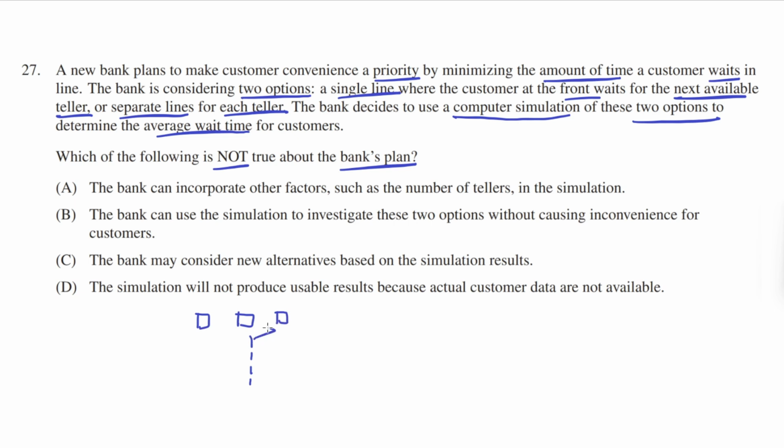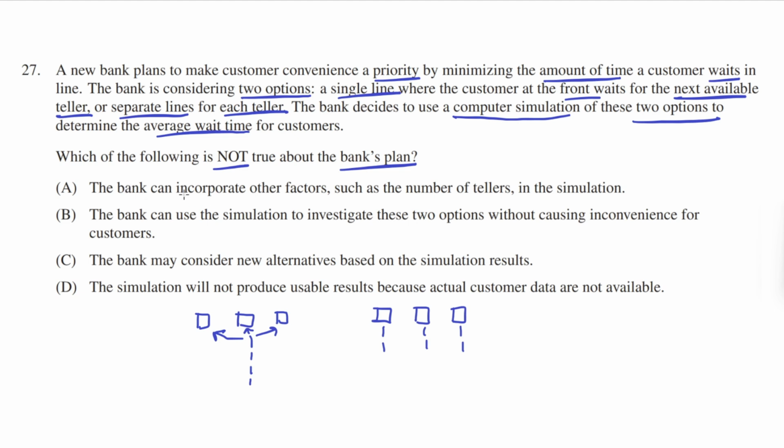And the person at the front would just go to the next available teller, whichever one that may be, or to have multiple tellers and multiple lines. So here, I'll make this clear by adding some arrows that the person in the front can choose which teller to go to based on which one is available.